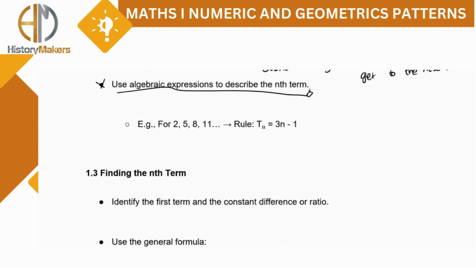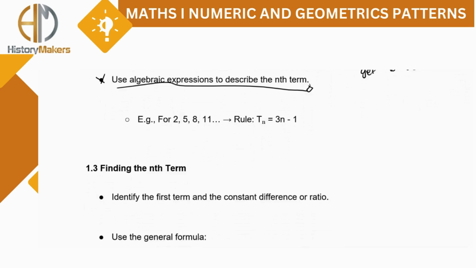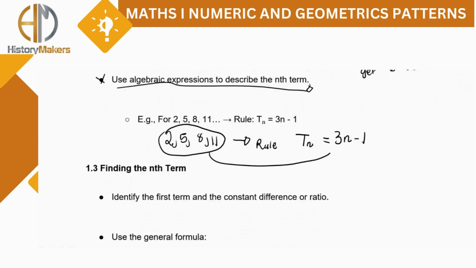For example, if you had 2, 5, 8, 11 as your sequence, then the rule would be that Tn, which is your term number n, will be equal to 3n minus 1. So this just says this sequence follows this rule, which is how we describe a numerical pattern.